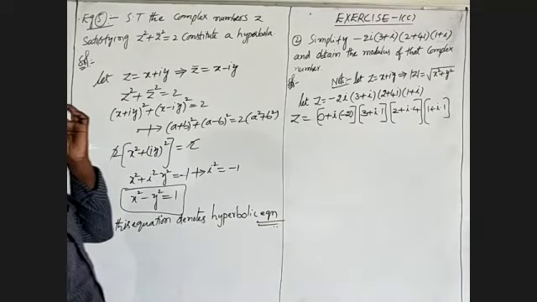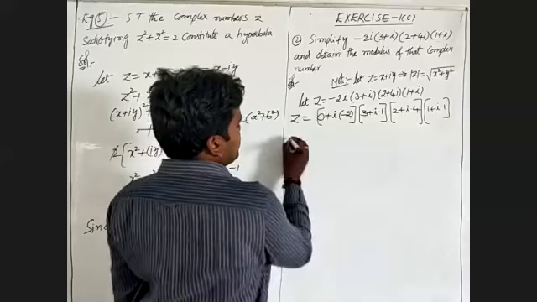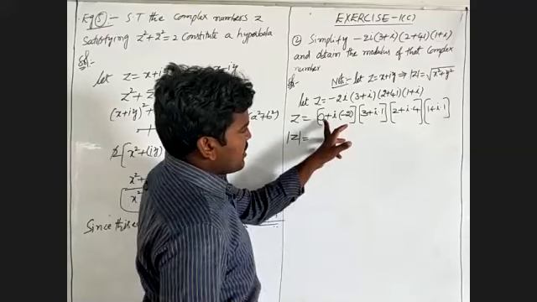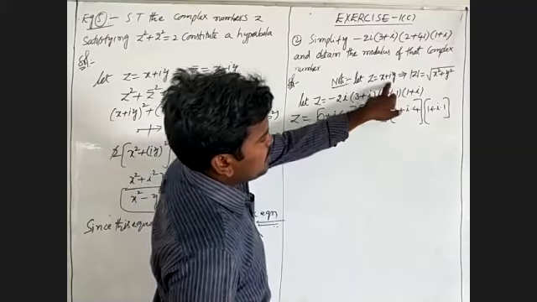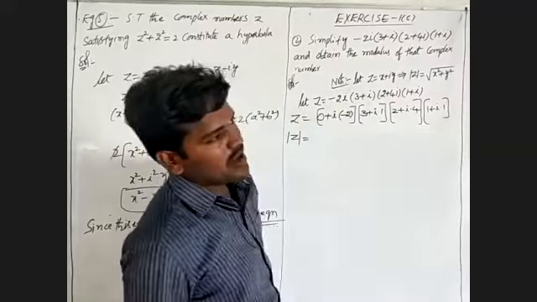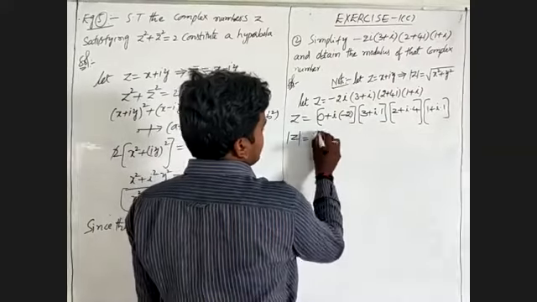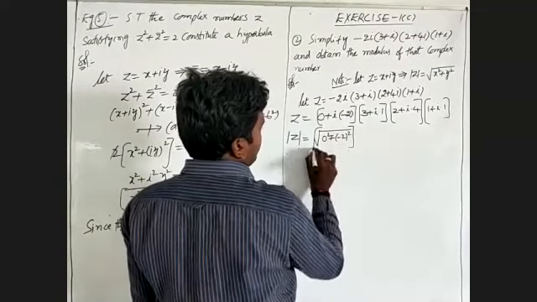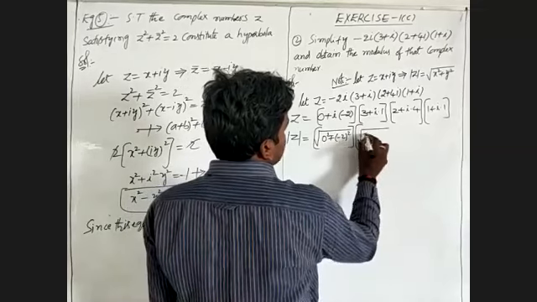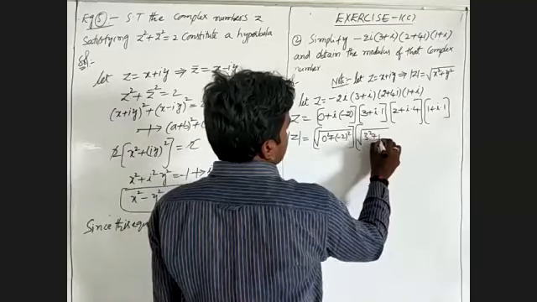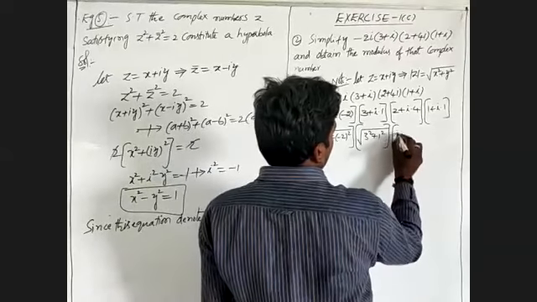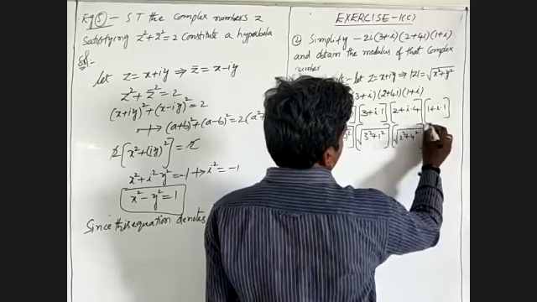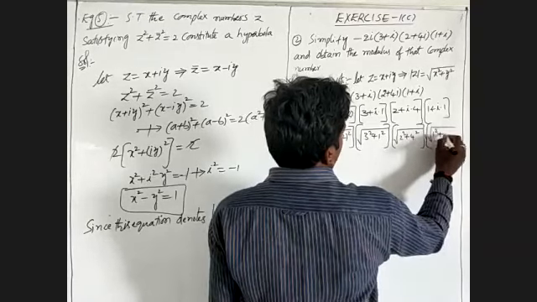We observe that to find the modulus of a complex number, when it is of the form x plus iy, the modulus is root of x square plus y square. Here also, root of 0 square plus minus 2 square, after that 3 square plus 1 square, next root of 2 square plus 4 square, finally root of 1 square plus 1 square.